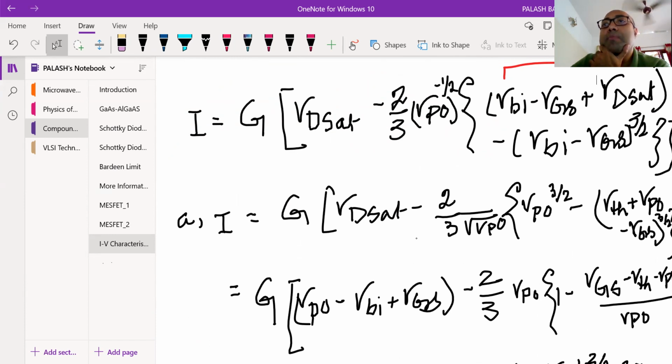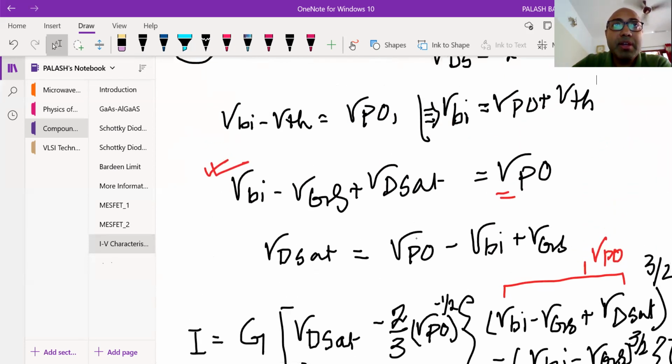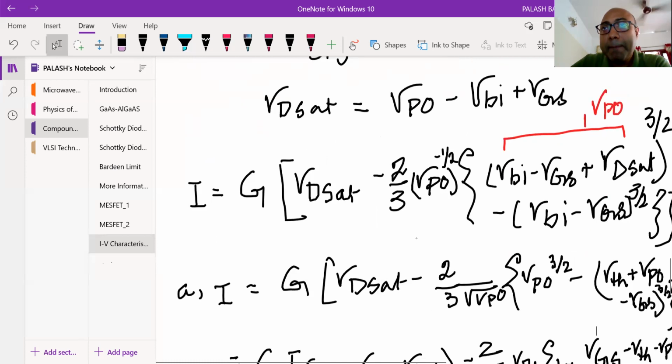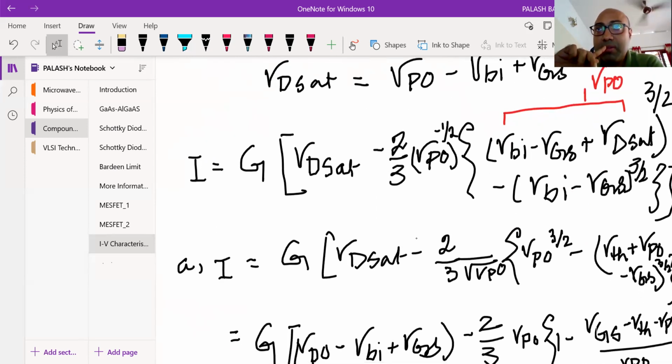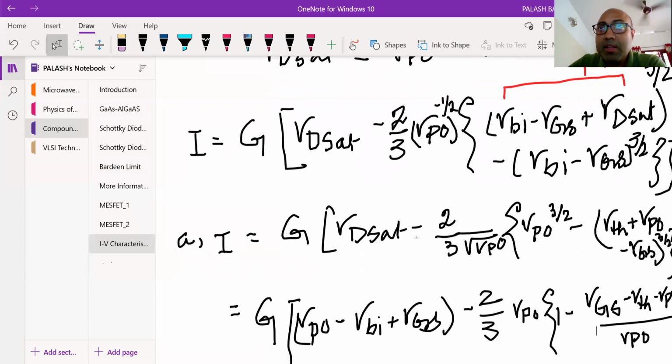VPI plus VT set. That is also VPI minus VGS. So what is VPI? I'm just cross verifying: VPI is VP0 plus threshold voltage. So VPI plus V threshold voltage.